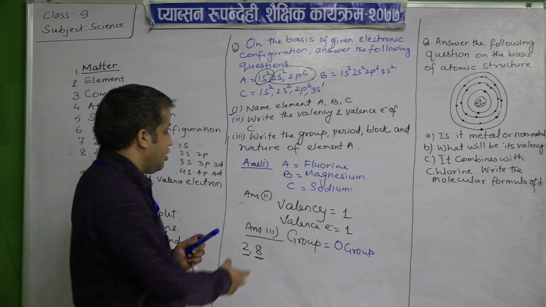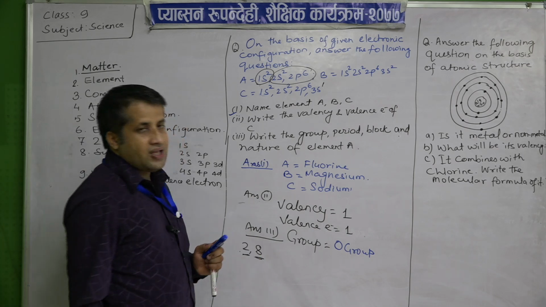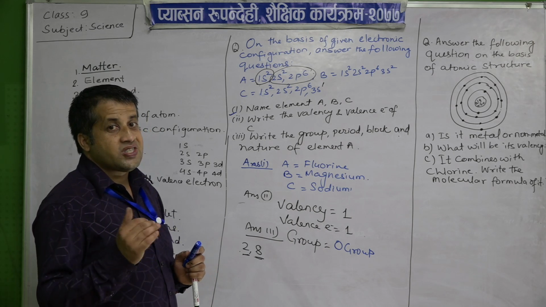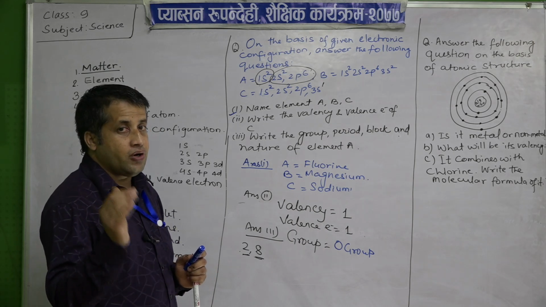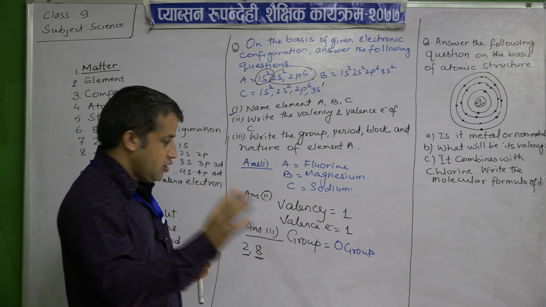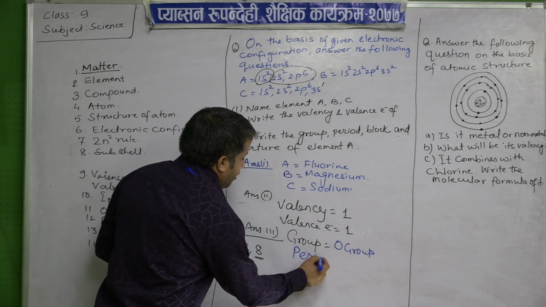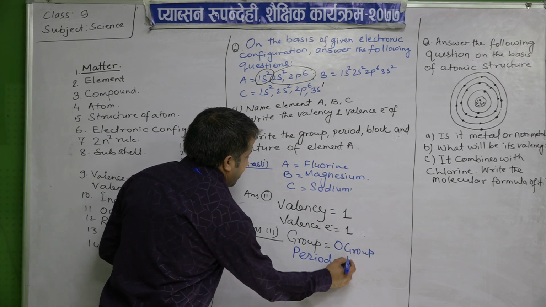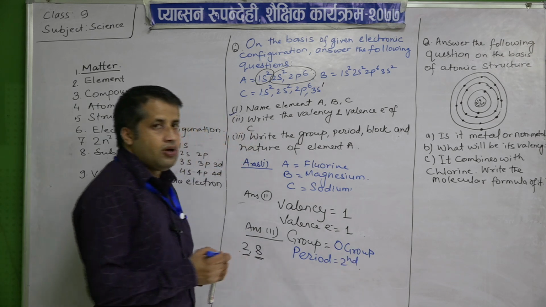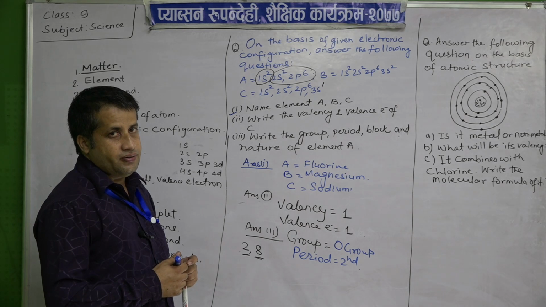It is arranged in 2 shells. So, that is why it belongs to the second period of the modern periodic table. Is it clear? So, here you write period, and you will write second. So it belongs to the second period.